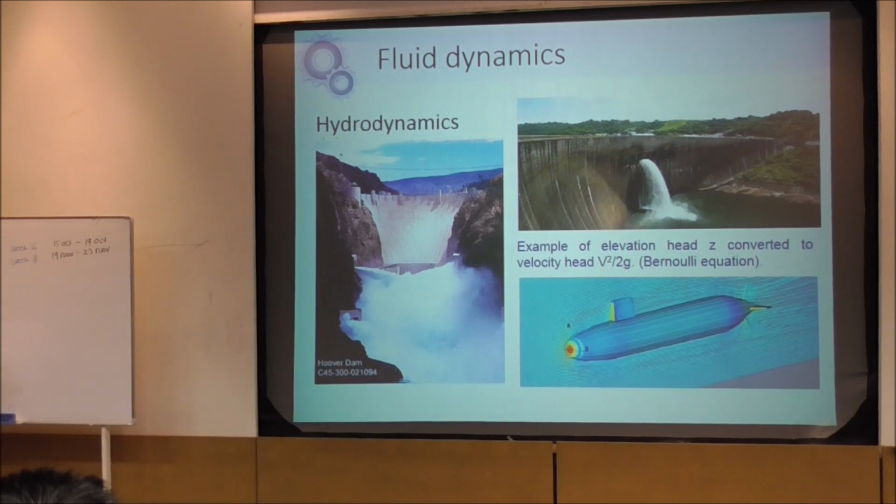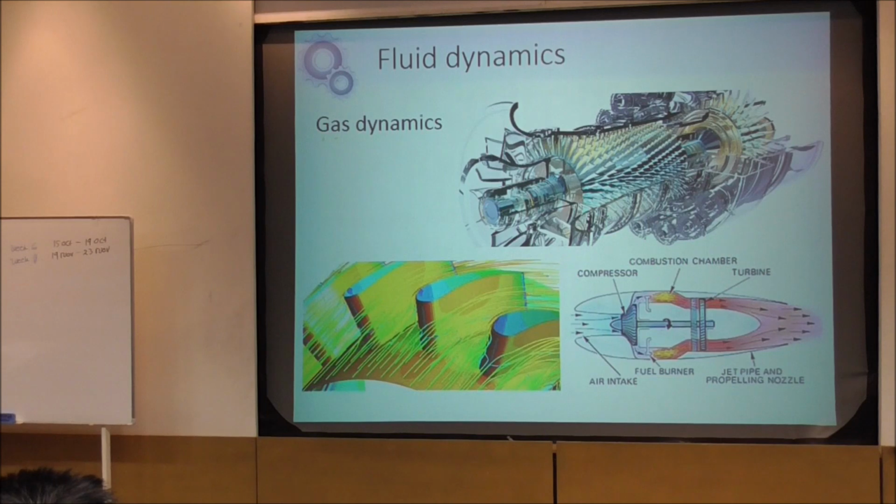Okay. This is the gas dynamics. If you fly using an aircraft, you know there is something big hanging on the wing. That is the aircraft engine, and those turbofan engines work based on gas dynamics.